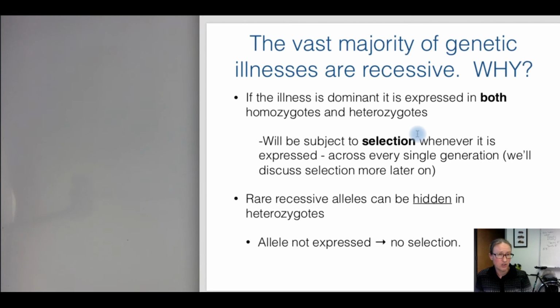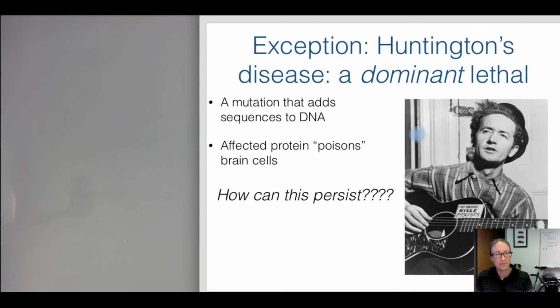And in contrast, recessive alleles can wind up being hidden in heterozygotes, especially if they're fairly rare. And if an allele is not expressed, if it's recessive, then it's not going to have consequences for whether that individual survives and has kids. So there's no opportunities for selection to act on that allele. And again, this is an idea that we're going to come back to later.